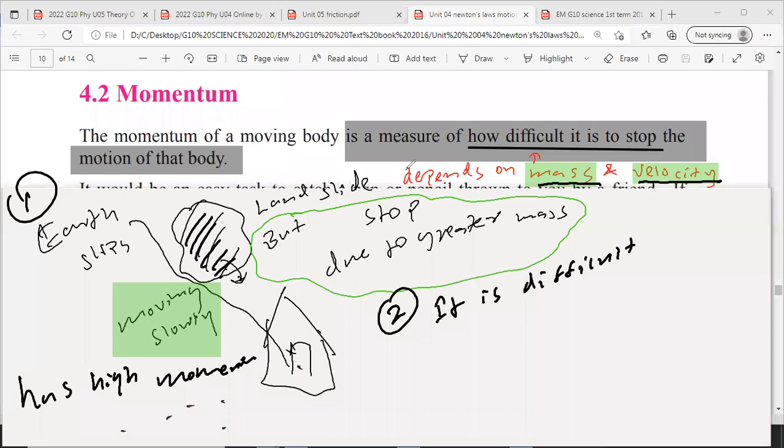It is a measure of how difficult it is to stop a moving object, a body.